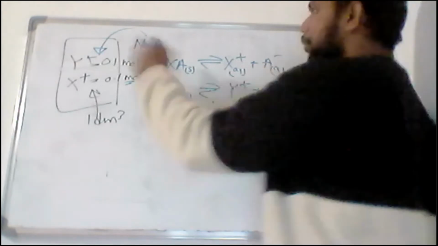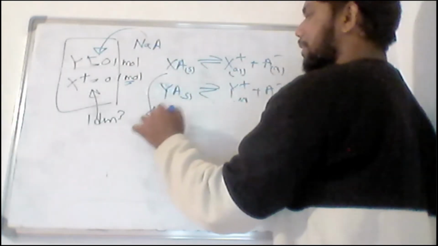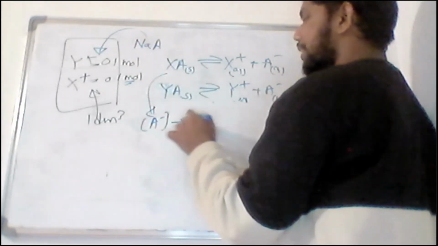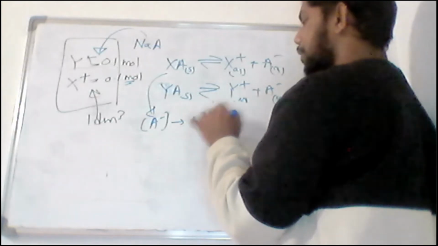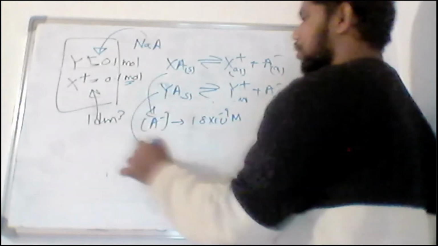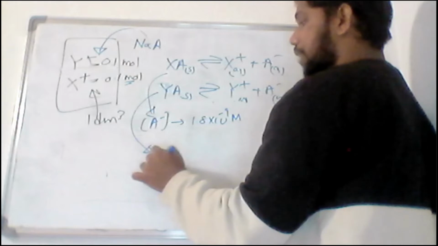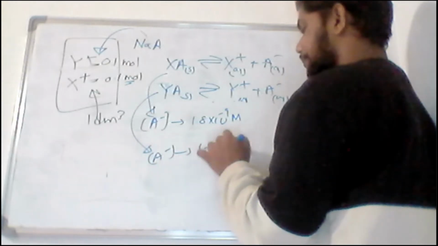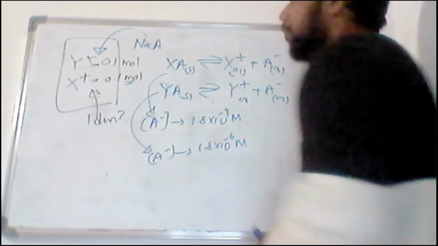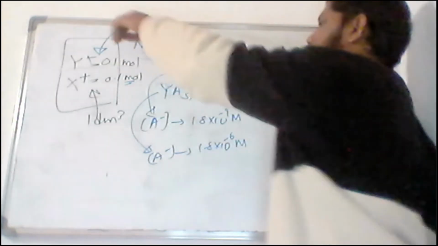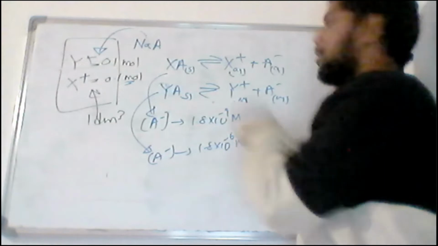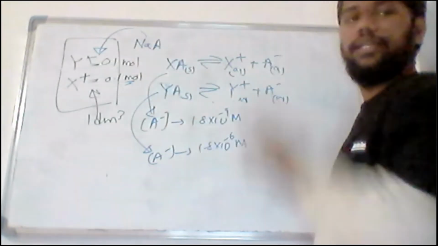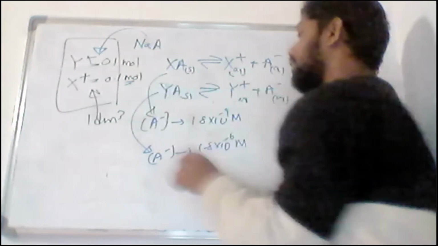So you know for XA precipitation, the A minus concentration needed was 1.8 into 10 to the power minus 9. For YA, the A minus needed is 1.8 into 10 to the power minus 6. Okay, so you add A minus. Initially it will reach this one and XA is precipitated, and you add further and further.